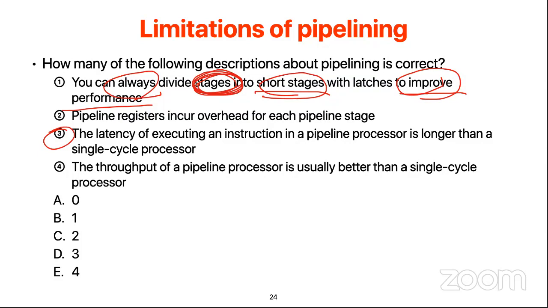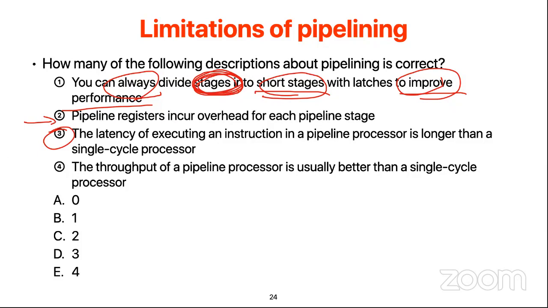Did you see what's wrong here? Correct. Right, so you can divide stages with latches to improve performance only if that stage is a critical path. Plus, you have to consider there is pipeline register overhead that you have to add.